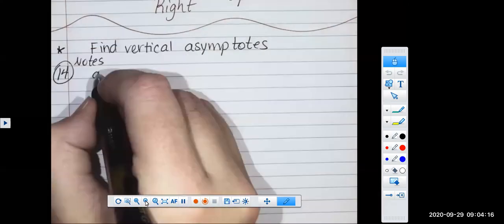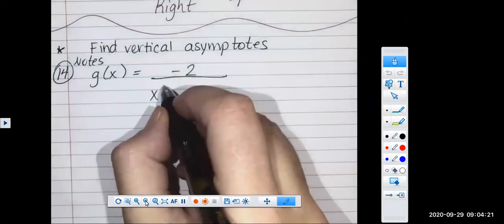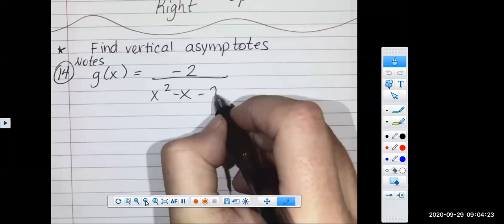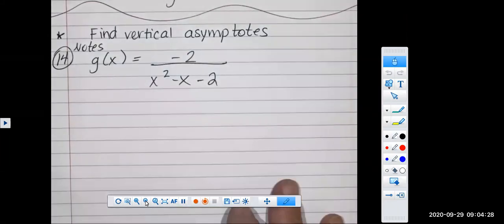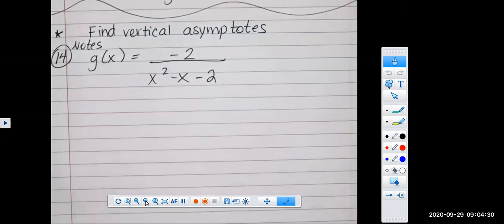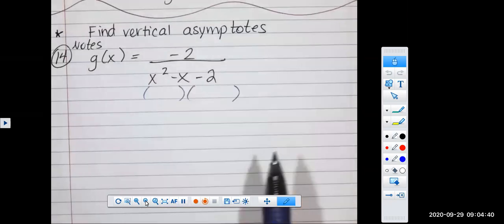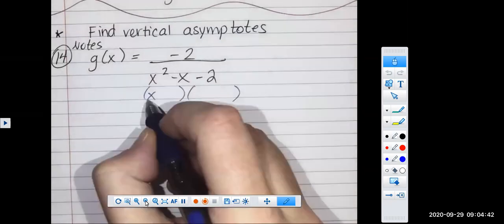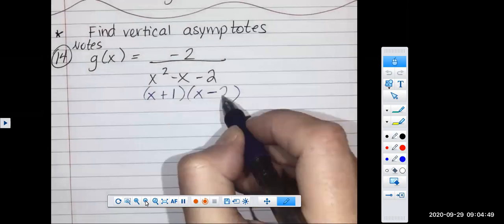You have g of x equals -2 all over x squared minus x minus 2. You factor and set the denominator equal to 0. Well, I should have said factoring, but I think you guys know that by now. How will this denominator factor? x plus 1, x minus 2.